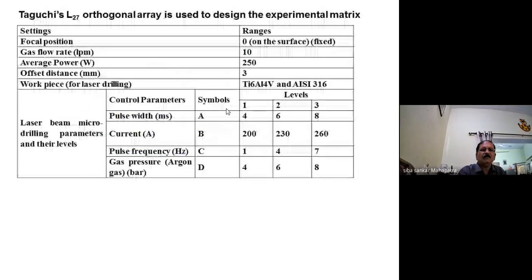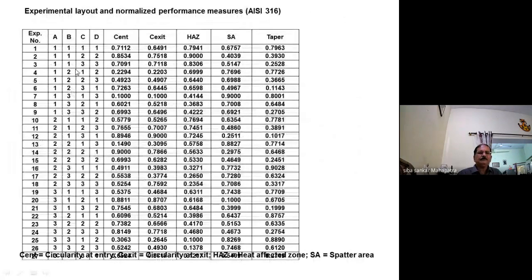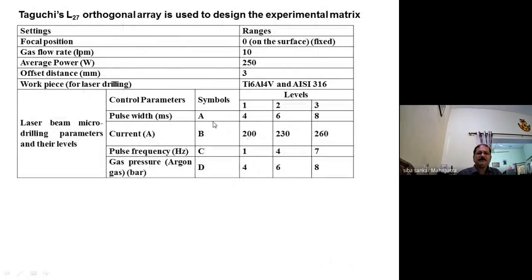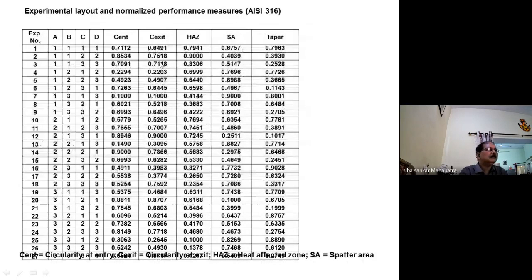Here also experiments have been carried out by changing different parameters: the laser parameters pulse width, current, pulse frequency, and the pressure of argon gas. 27 experiments have been carried out by changing the variables A, B, C, D: pulse width, current, pulse frequency, gas pressure.